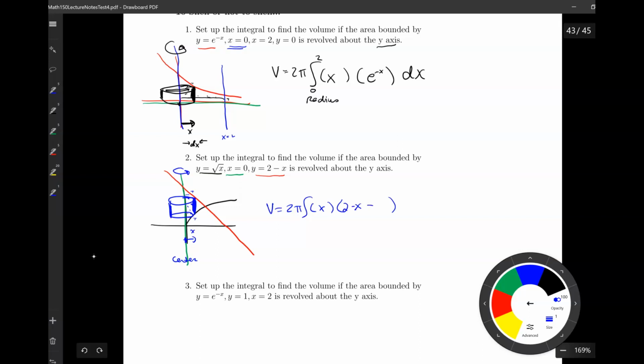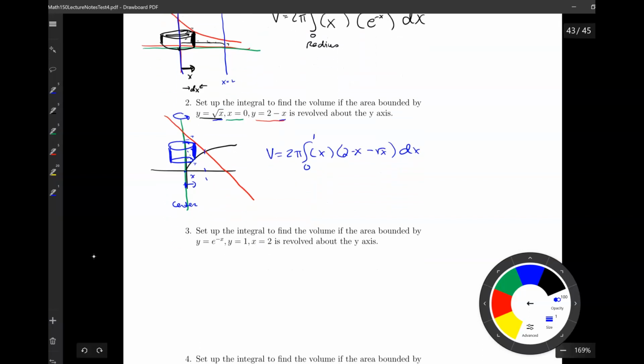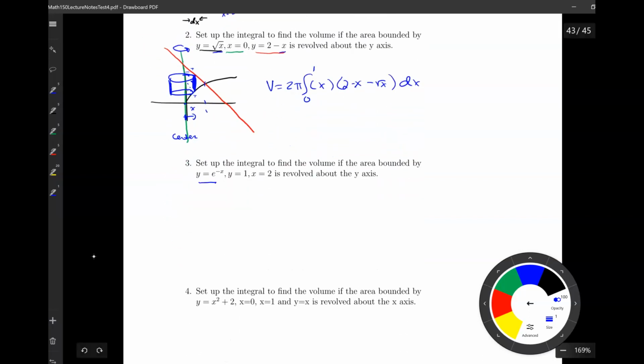The bottom will be touching the root x. dx integration, and then I have to find out where they intersect. So 0 and where they intersect. So 2 minus x will run into root x at 1. That one is more looking at it and thinking about it rather than algebraically solving it. So 0 to 1.